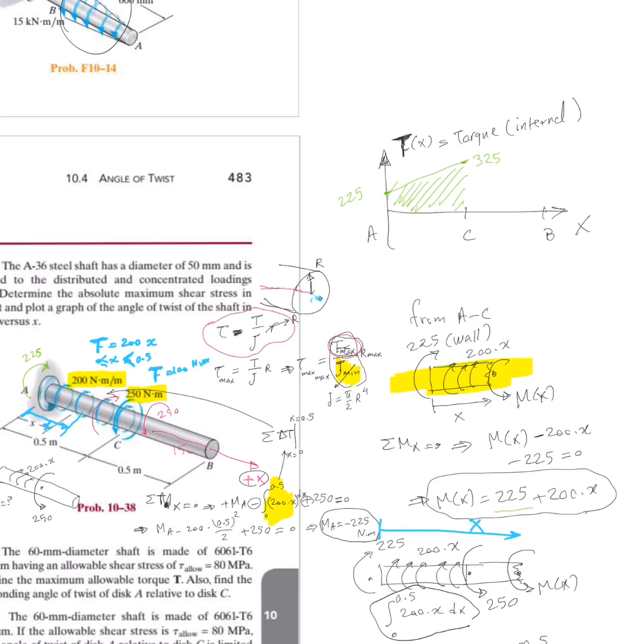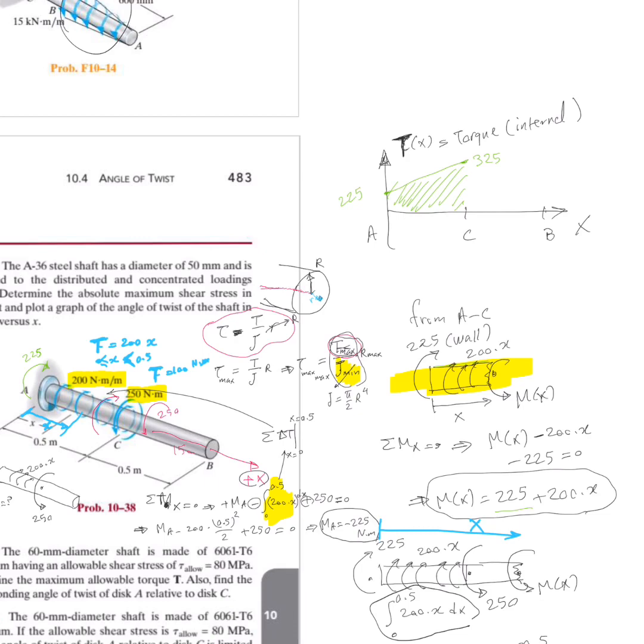Now solve for mx. This one is equal to negative 225, negative 200 times x squared over 2, which is 0.5 squared over 2, plus 250 plus mx.